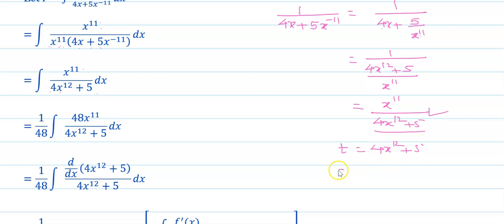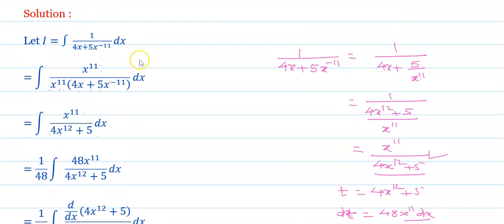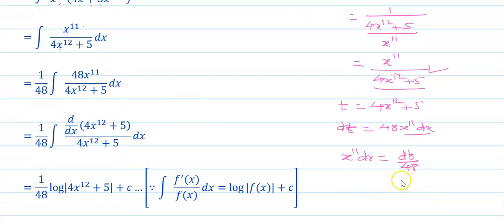Then what's its derivative? Its derivative dt is equal to 4 into 12, that is 48 x raised to 11 into dx, and hence you will get the value of x raised to 11 into dx is equal to dt upon 48. Okay, x raised to 11 into dx, its value is dt upon 48, and then you can simplify.